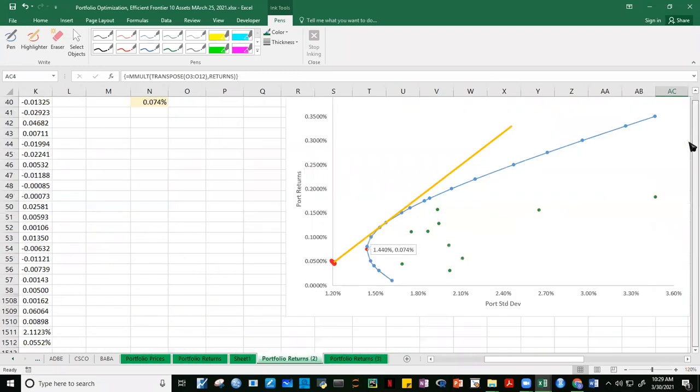The way to go about it is, remember yung efficiency frontier natin, mean variance yan. It's a plot of the mean variance. Mean is the return, the average return, and the variance is your portfolio standard deviation. Okay, so ito yung sinasabi ni Markowitz na mean variance. So kailangan natin ma-compute yung return at saka yung standard deviation.